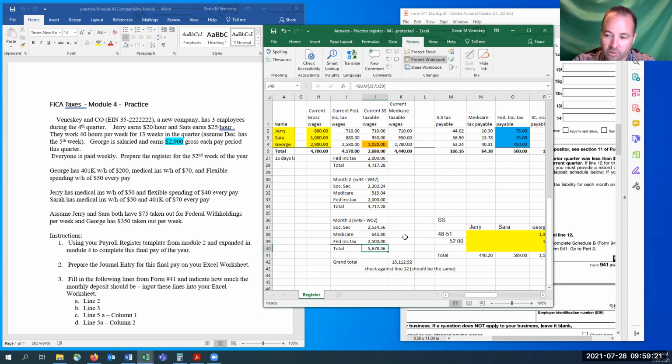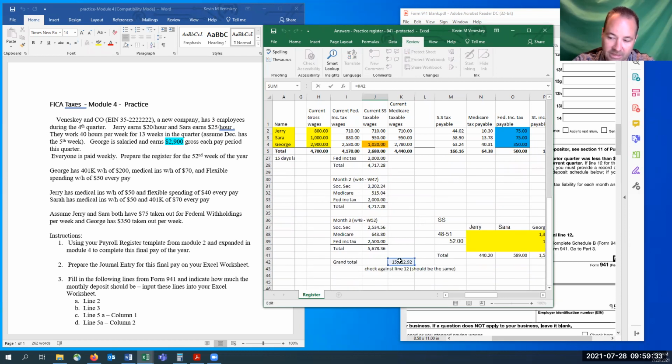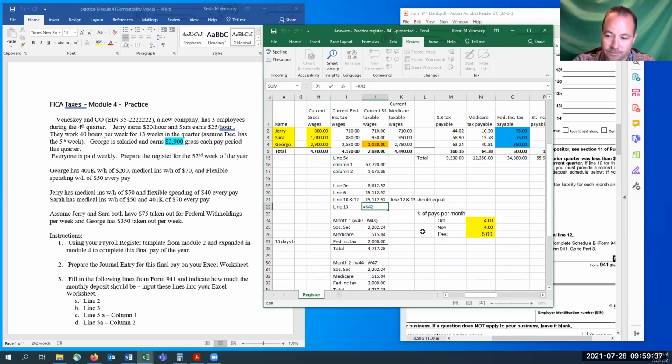Your total liability should be all 3 of these added up. And then compare that. So that's where this 15,111 came from down here, our grand total. And it matches lines 10 and 12.